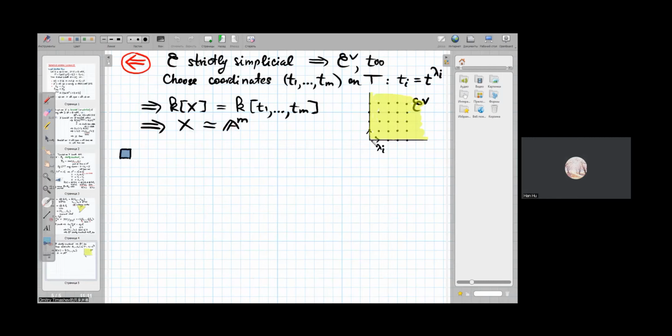By the way, you have proved that affine smooth toric varieties are exactly affine spaces. So these coordinates are algebraically independent, because these lambdas are basis vectors in the character lattice. Yes, I see. Okay, good.